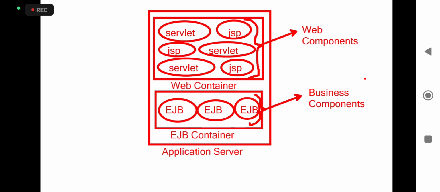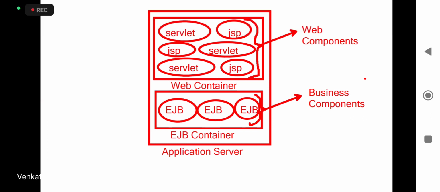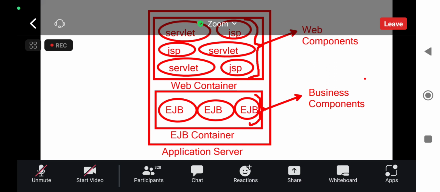Now, if you want to run a Servlet program, which container is required? Web container required. Web container is available in web server and also in application server. So for Servlet program purpose, you can select any server. But if you want to use EJB, application server is compulsory; web server doesn't work.